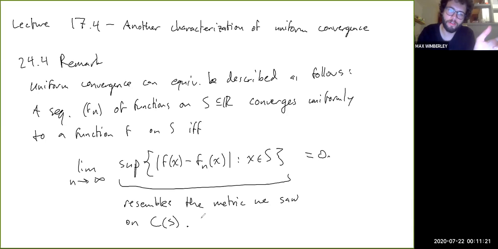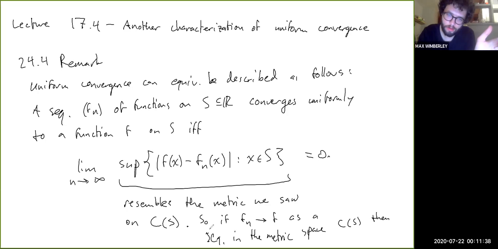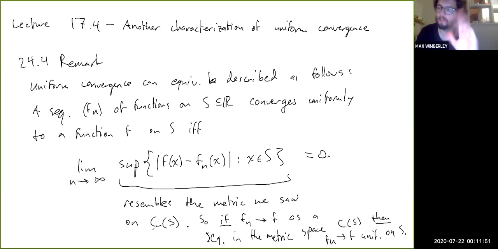What we can say is that if Fn converges to F as a sequence in the metric space C of S, then Fn converges to F uniformly on S. But since C of S only includes bounded continuous functions, defining uniform convergence as convergence in C of S would be too limited, when in fact the definition of uniform convergence applies to any functions whatsoever. They don't have to be bounded or continuous.